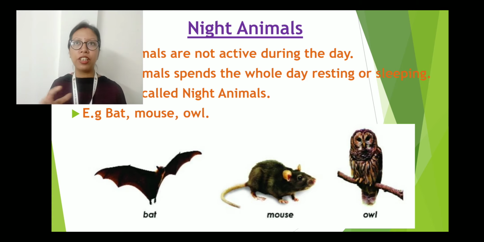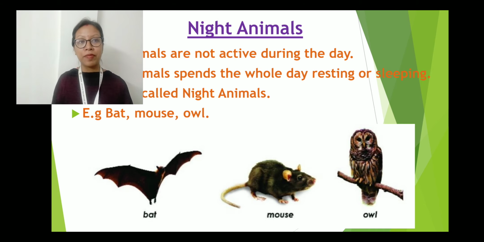And especially during the night time, you can find that they are moving from here to there, right? And also, if you have ever noticed, if you walk in the night in the bylanes of Guwahati, you can see the big mouse walking near the roadside. And they mostly come out during the night time.